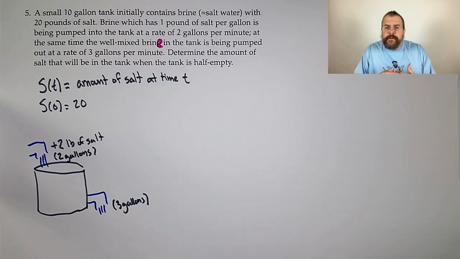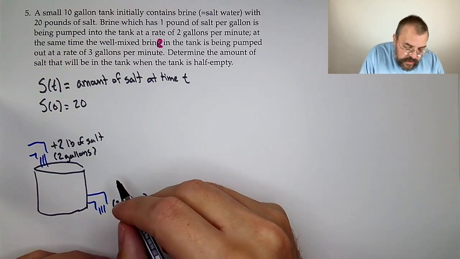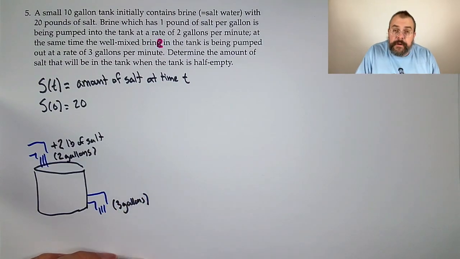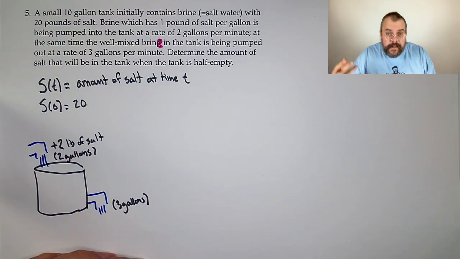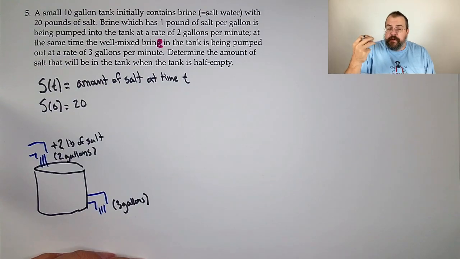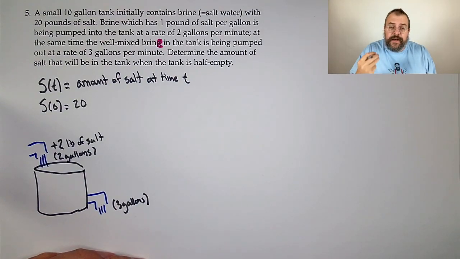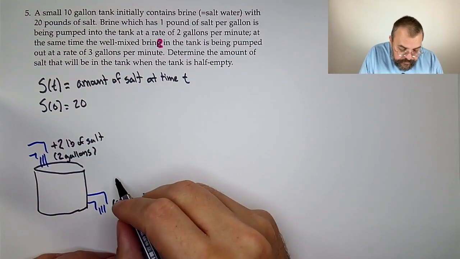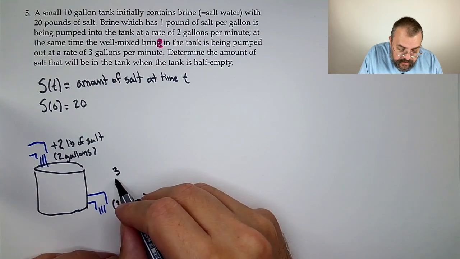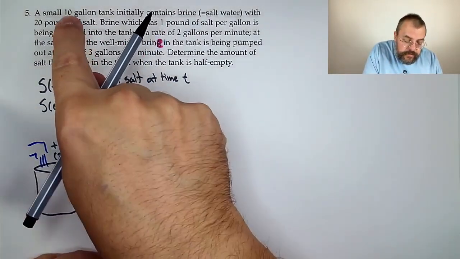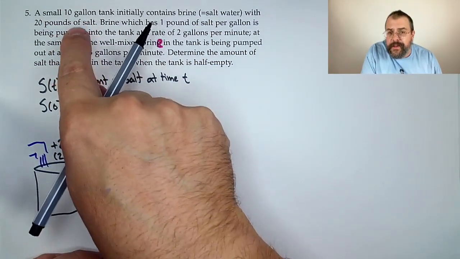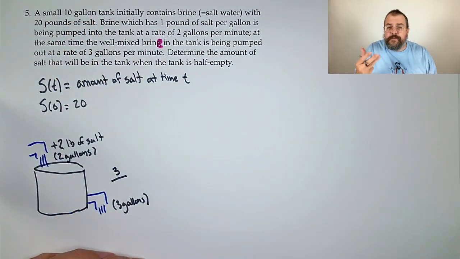So it depends on how much salt is in the tank. So we say, okay, well, how do we figure that out? Well, how much is leaving? To figure that out, let's look at the proportion. How much of the brine leaves? In other words, what's the percentage of stuff that leaves? Well, we know 3 gallons leave, and we start with 10 gallons. It's a little bit ambiguous here, but let's just assume it starts with 10 gallons.